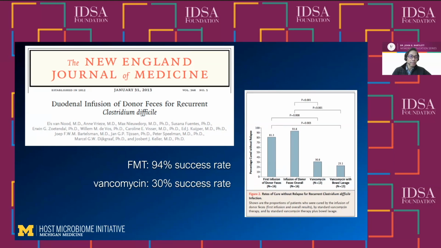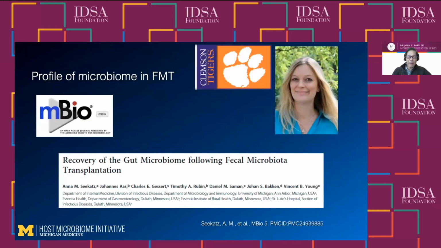However, when patients had feces from a healthy individual administered, in this particular case via duodenal infusion, the efficacy of that treatment for breaking the recurrence cycle was greater than 93%. And in fact, this trial was stopped early by the Data Safety Monitoring Board because it was thought to be unethical to continue just offering vancomycin to one arm in this trial.